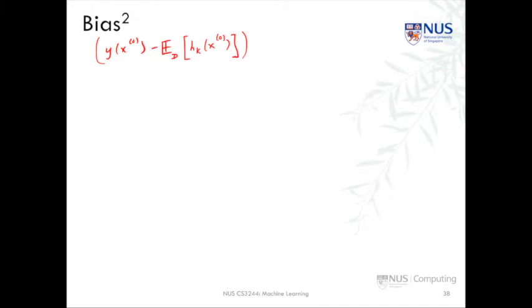And because we are using squared error, we have to square it. So this is how we're going to write out the bias, because the inner term here is the bias already. It's basically saying what's the difference between the observed value and the expected output of the classifier. And we're going to square it. Okay, and we're going to write this out.